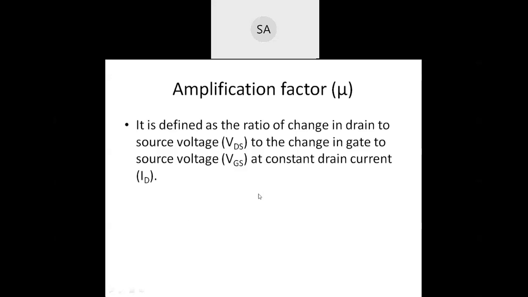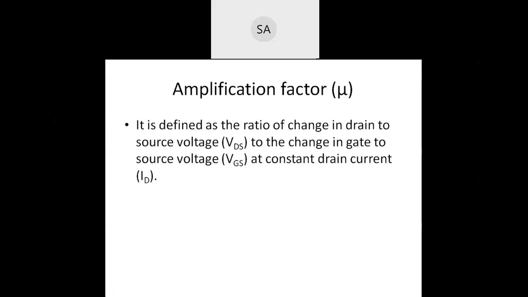And next one is the amplification factor. It is defined as the ratio of change in drain to source voltage to the change in gate to source voltage at constant drain current, keeping ID constant. It is similar to what we discussed in the BJT.